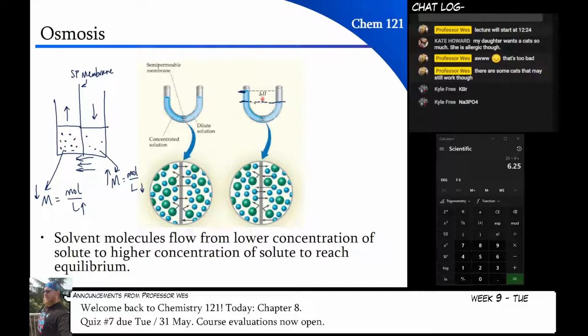And so you won't perfectly mix the solution, but you will have a very high pressure from osmosis occurring, and so that's called osmotic pressure. So this column of water here would be our osmotic pressure. Or in other words, the pressure exerted simply by the force of osmosis occurring. And that pressure would be exerted in all directions.